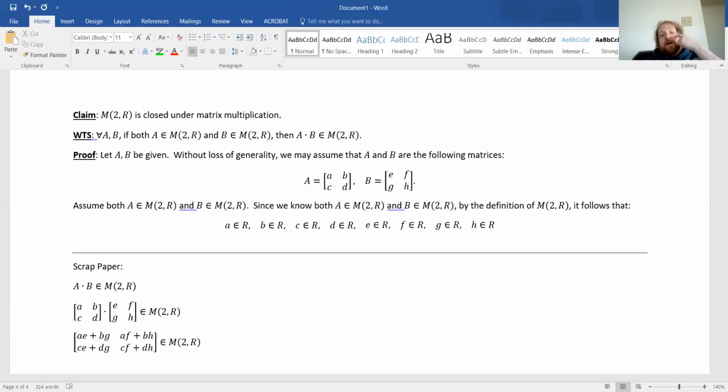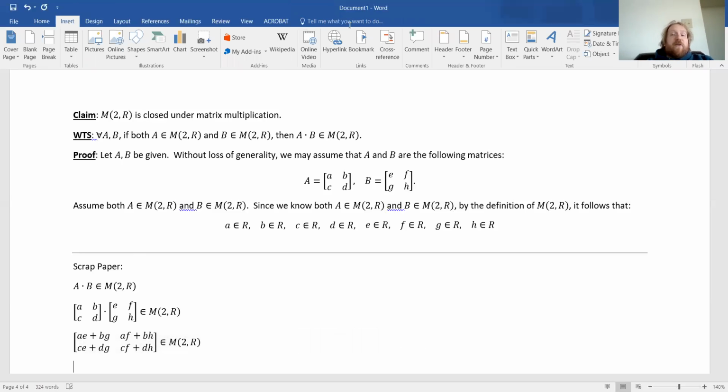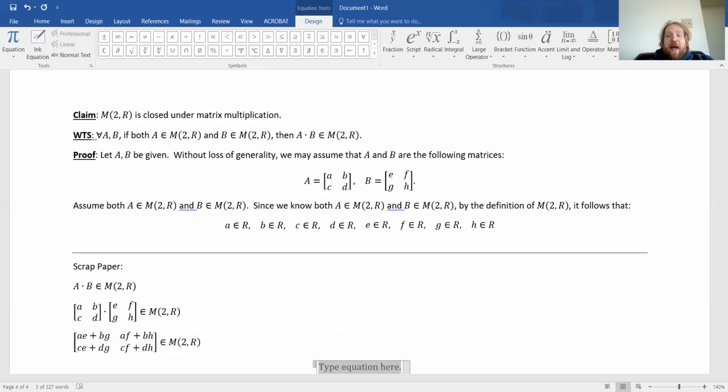But then I think, wait a minute, what does it mean for a matrix to be in M2R? It means it has to be a 2 by 2 matrix, which this obviously is. But it also means that the 4 entries have to all be real numbers. So let's take a closer look there.